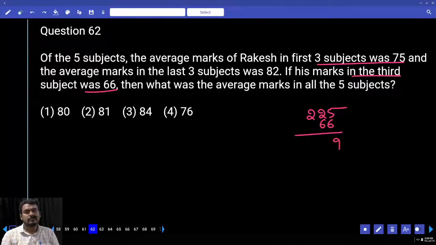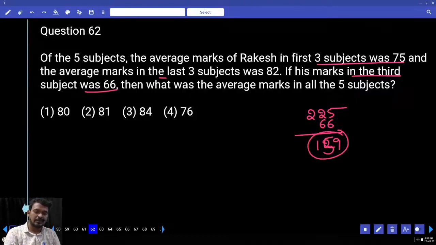That is 159. That 159 is how many papers' marks? First 2 papers or last 2 papers? First 2 papers. And the last 3 papers are already given. Average 82 means the sum will be 246.